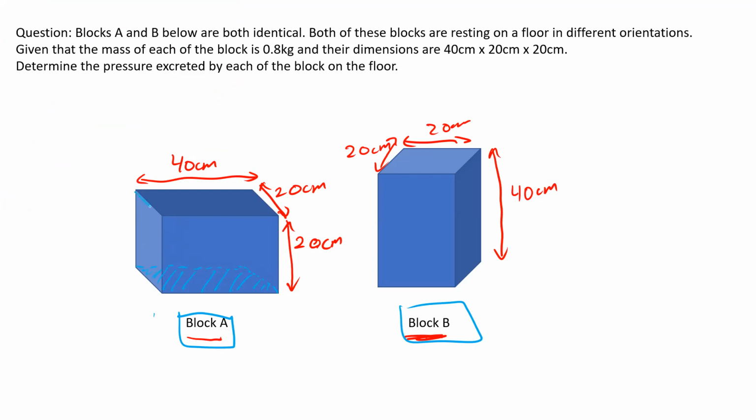It will be the same area as that of the top of block A. So the length and the width will be 40 by 20.